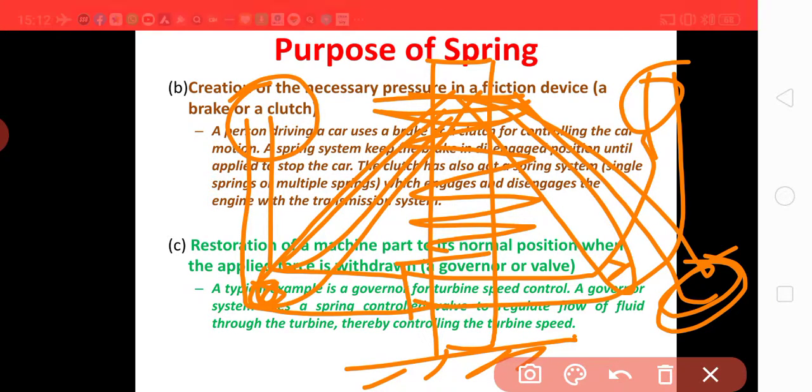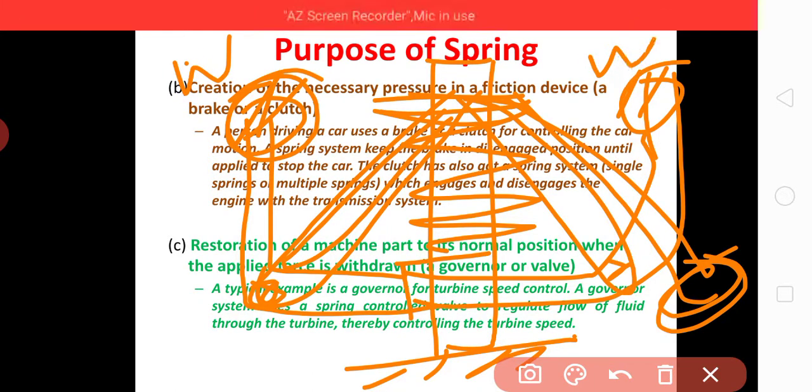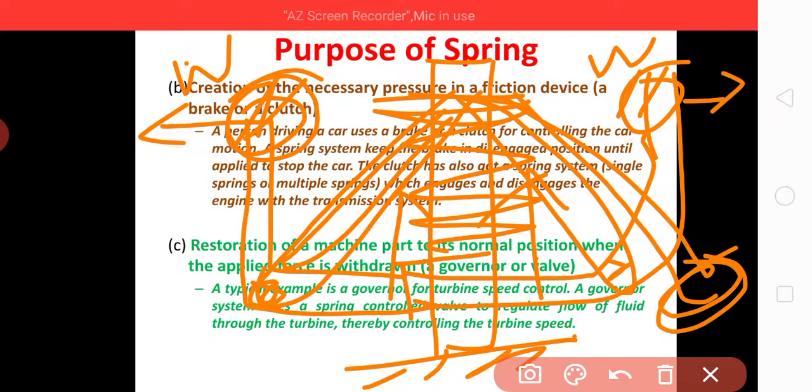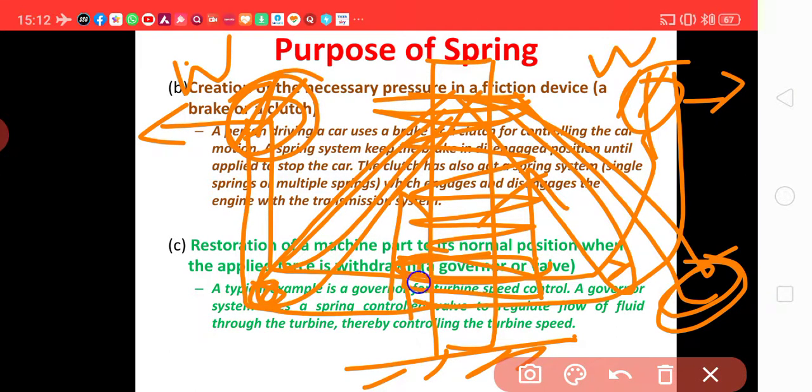When the engine speed is increased, this fly ball, these weights W, will go outside due to centrifugal force. By this, pushing this up here, which is connected with the fuel system or mechanism of the engine, it regulates the fuel supply to the engine.